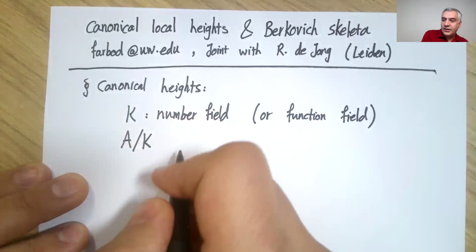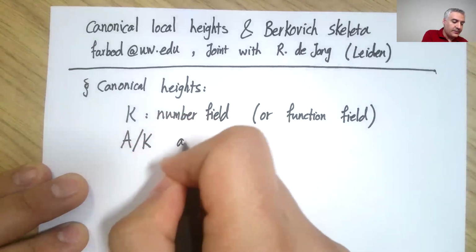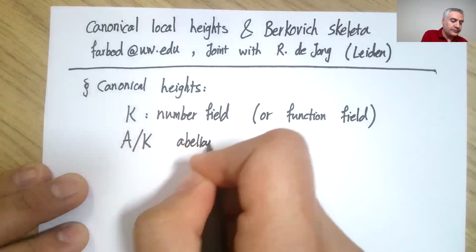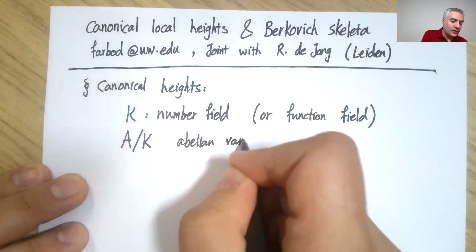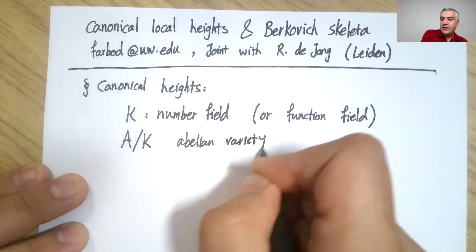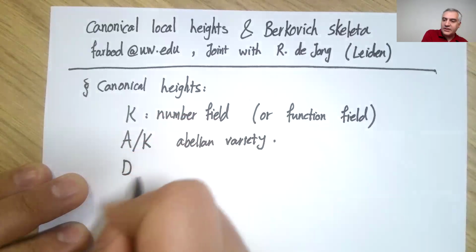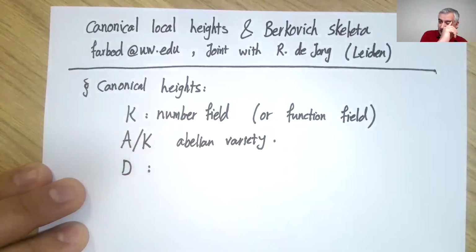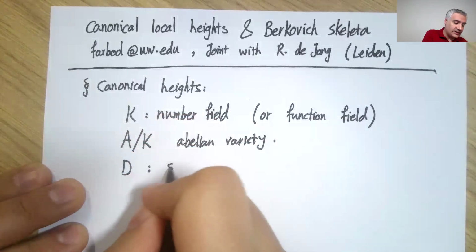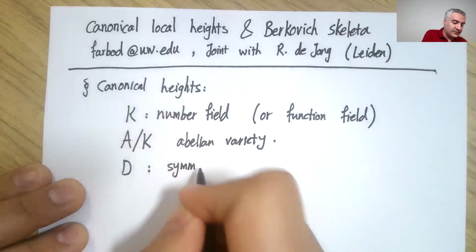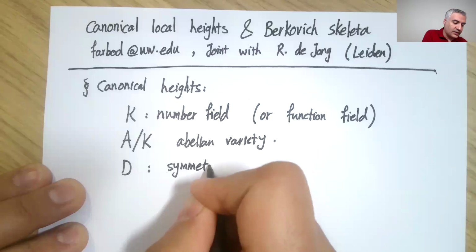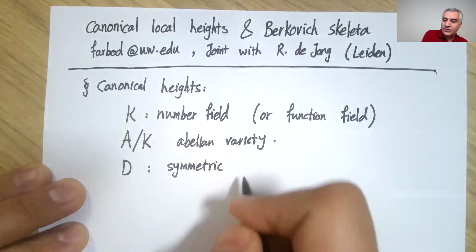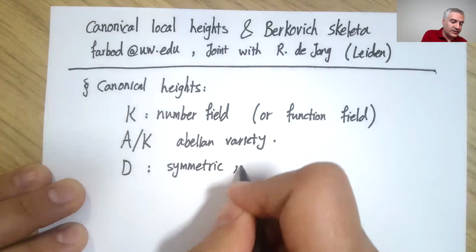I will work with an abelian variety over K, and I will fix a symmetric effective divisor. Those assumptions can be dropped, but it's easier to present the work in the symmetric case.